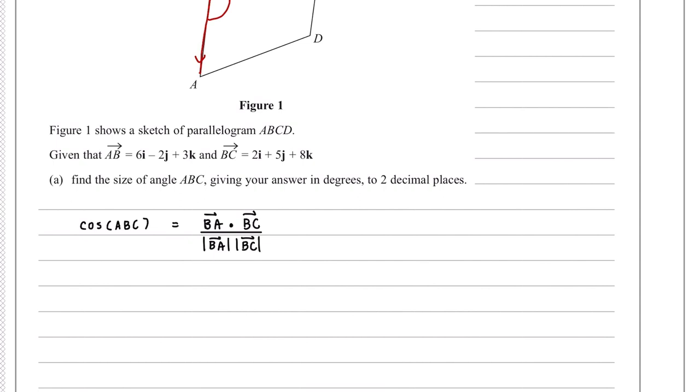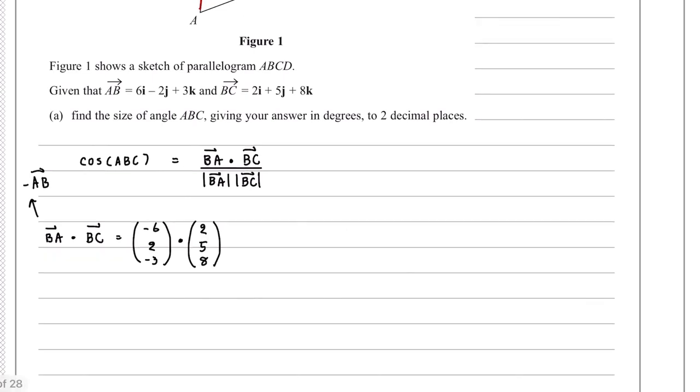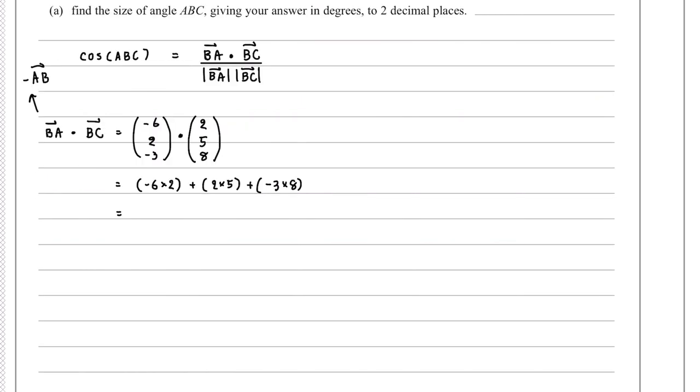So first we have to find the dot product between BA and BC. BA equals minus AB, so BA is minus 6, 2, and minus 3, and BC is 2, 5, and 8, which is negative 6 times 2 plus 2 times 5 plus negative 3 times 8, and the answer will be negative 26.